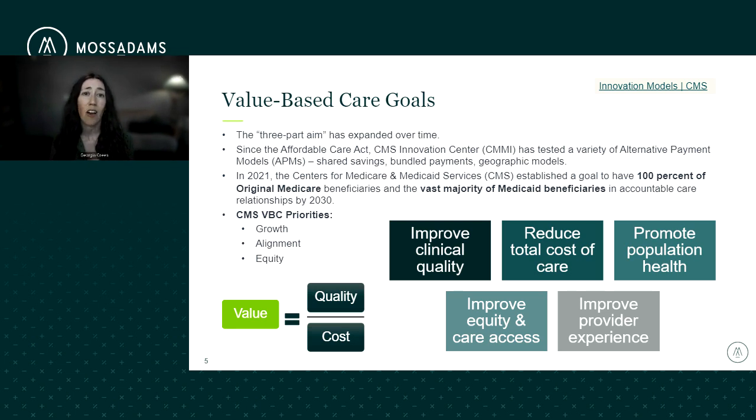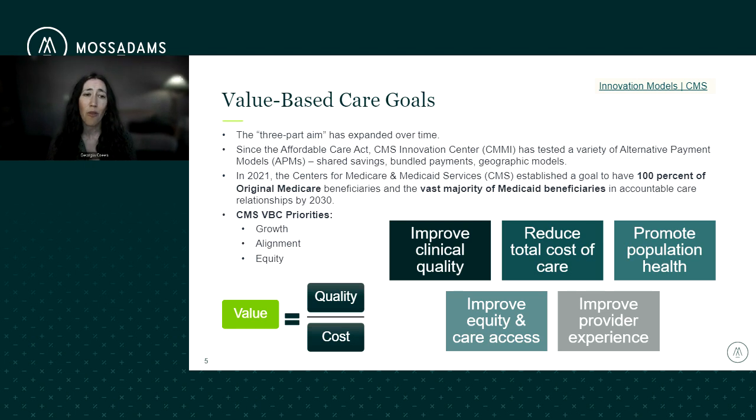So you're going to see in all of the models today, whether or not we talk about it in each one, that if it's a new model, there's an aspect of it where they are measuring health equity, or they're having you measure health-related social needs, HRSNs. That's really a running theme of all these models.